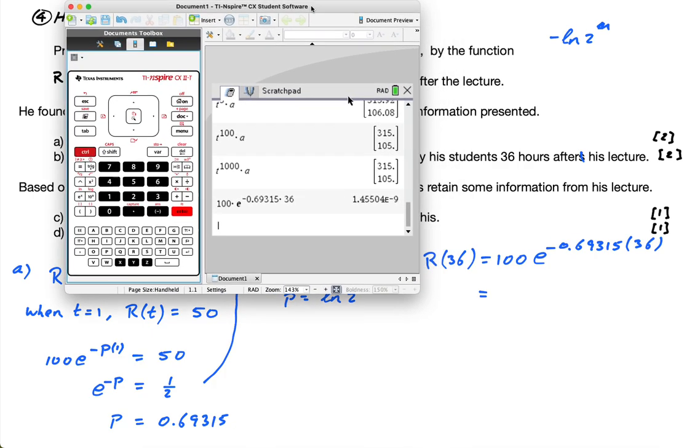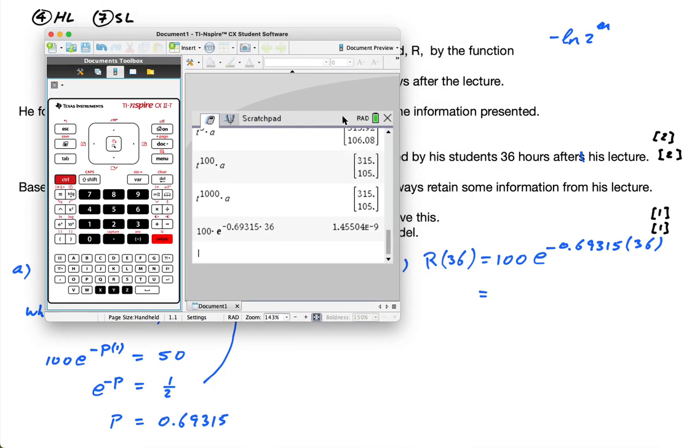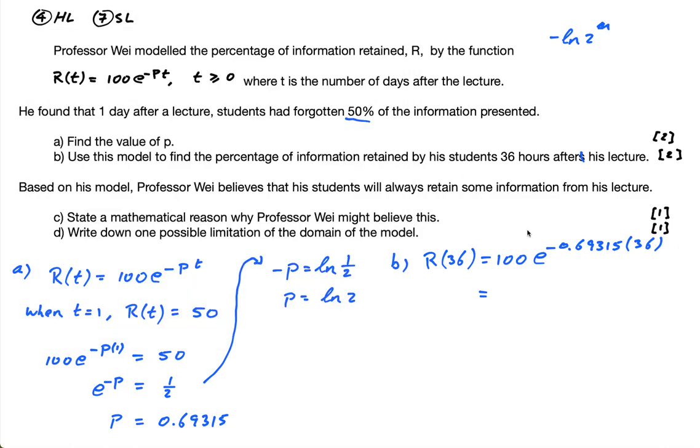Okay, I have made a mistake. I'm going to leave that mistake in there. Notice how when I saw the answer, I thought this must be something wrong. That's what I want you to do in an exam. You always check the answer and see, does that make sense? And it didn't make sense that they basically lost every single bit of information after 36 hours.